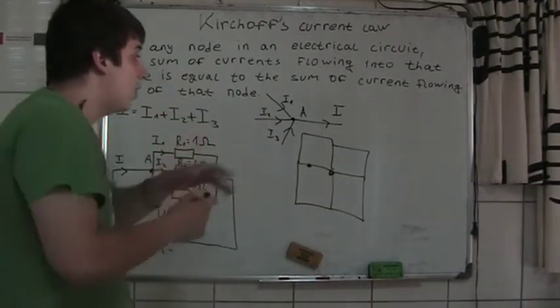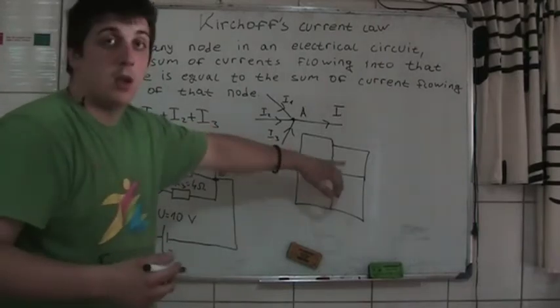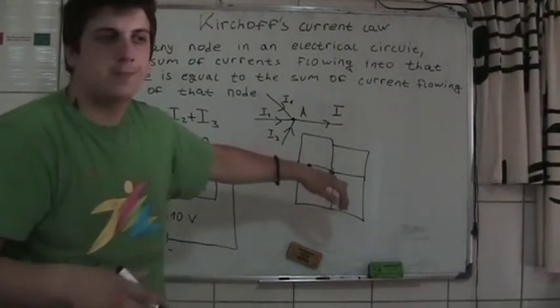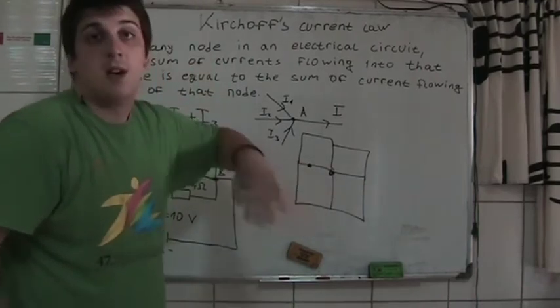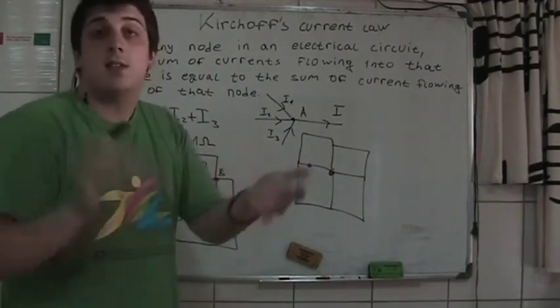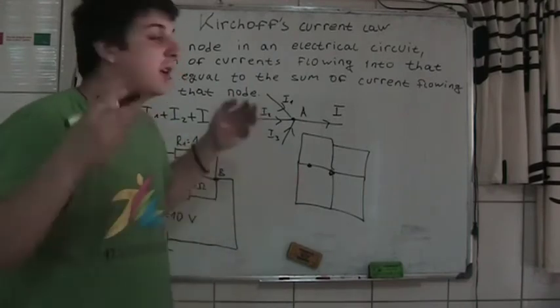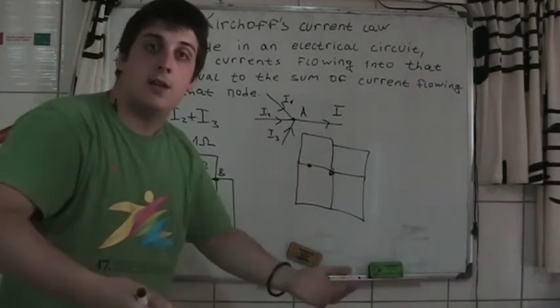node, and so the sum of all currents flowing into that node must be the same as the sum of all currents going out of that node.